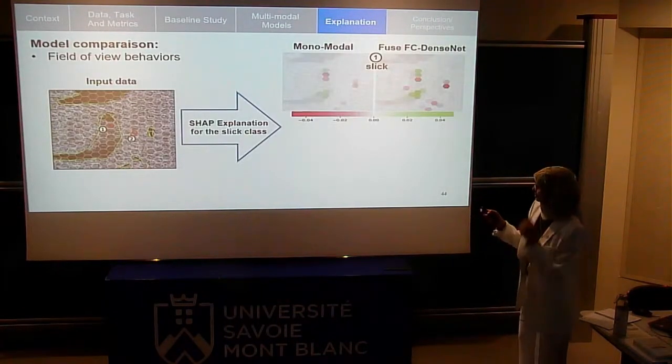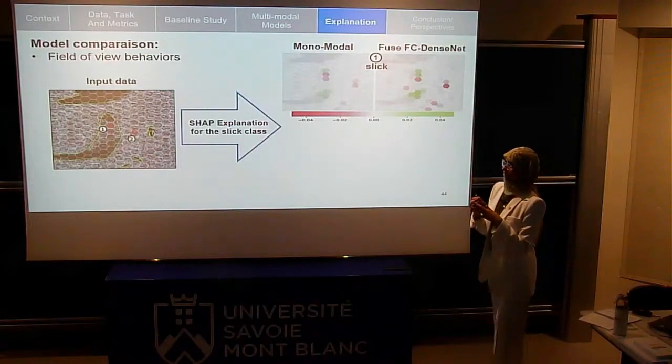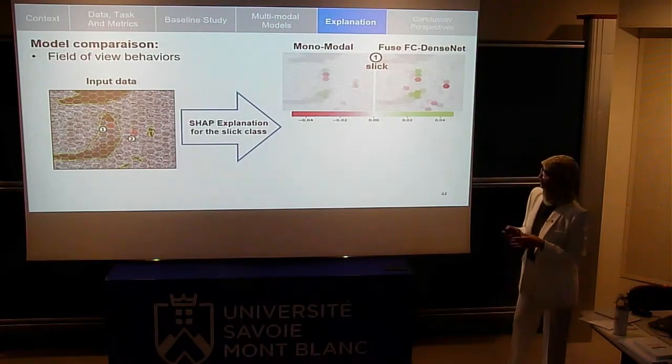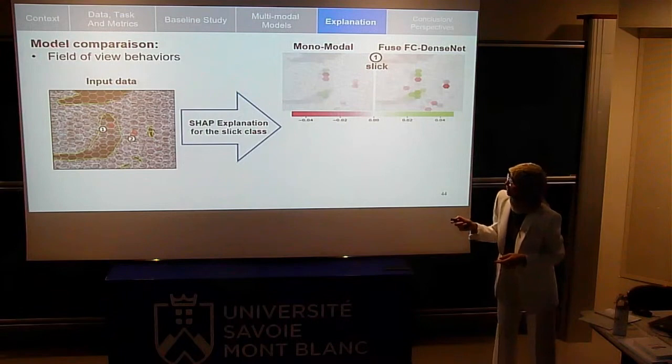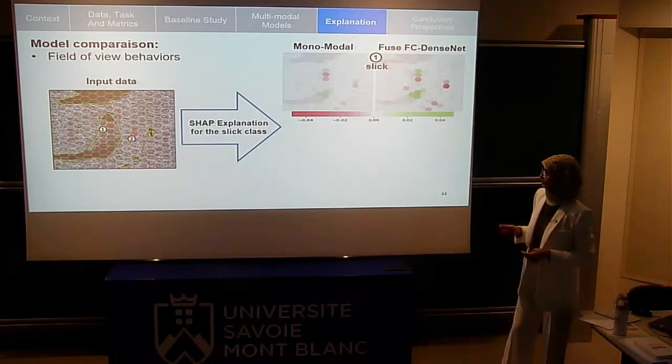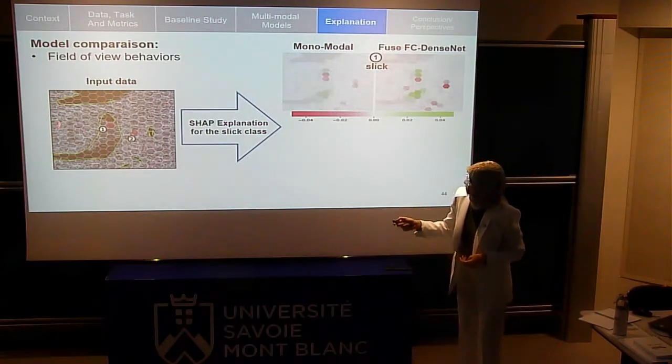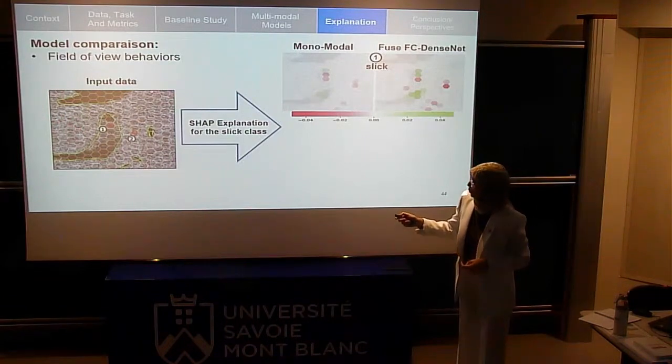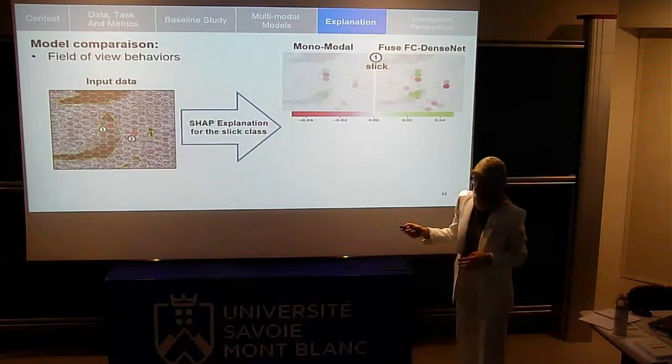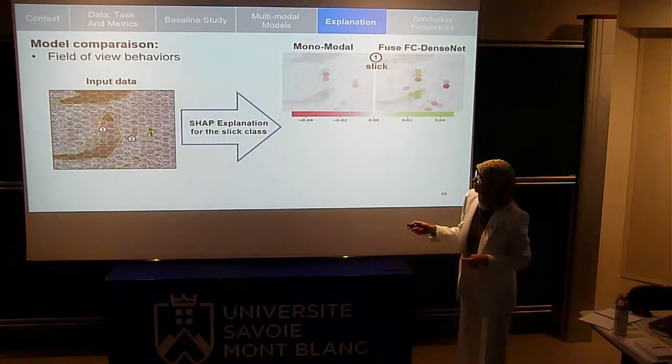Let's present the results. We study this explanation based on several factors. Here we are going to study the field of view behavior of the model. Our input data presents the SAR data with the several superpixels. We have the expert annotation highlighted in green, and we choose two pixels.